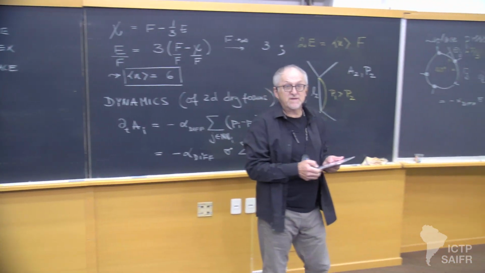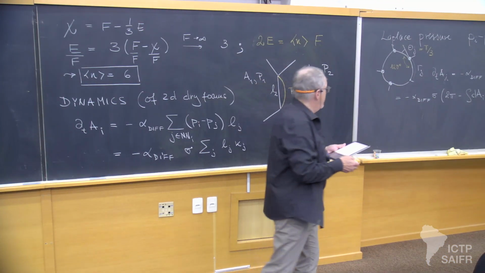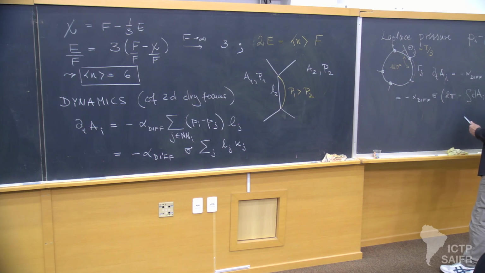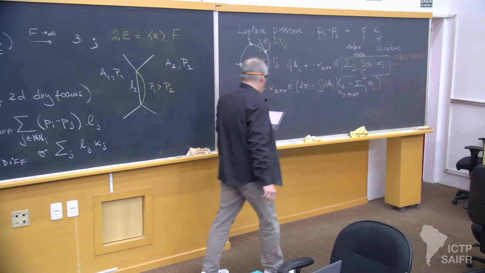Other questions? We're almost there, right? This thing here is 0 because you have a flat surface there.